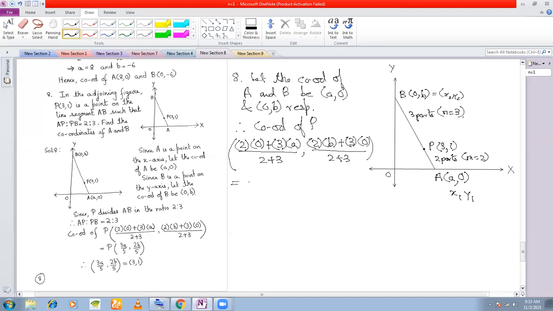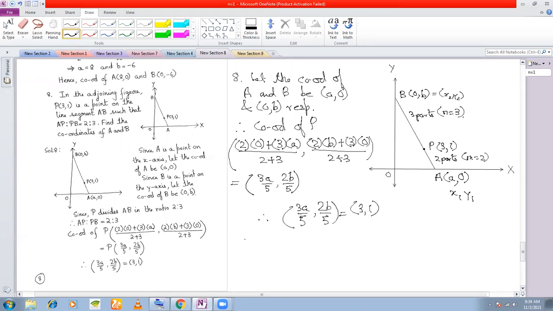Okay, so this you are getting as (3a by 5, 2b by 5). Right, this is the coordinates of P, but what are the coordinates of P given here? (3, 1). So therefore (3a by 5, 2b by 5) must be equal to (3, 1).